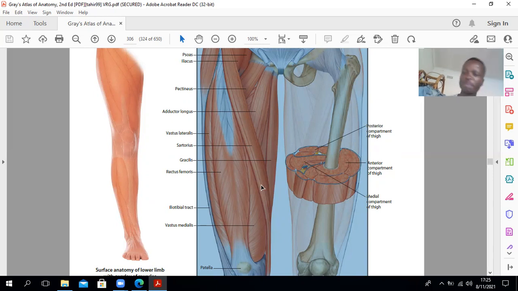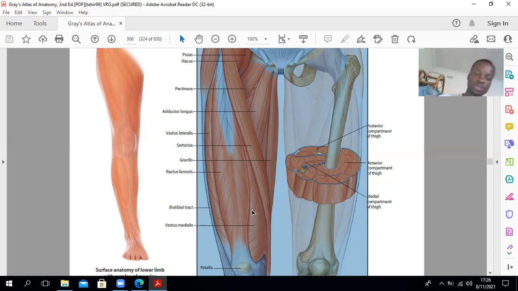And to take you a bit back to embryology, when you did development of the upper limb, you say that they were going to rotate 90 degrees lateral, whilst the lower limbs were actually going to rotate 90 degrees medial, meaning to say the muscles that you find on the anterior aspect, you'd expect those muscles to actually be extensors. Different from what you saw in your upper limb when you say that the muscles that you actually expected to find on the anterior compartment were going to be flexors, right?